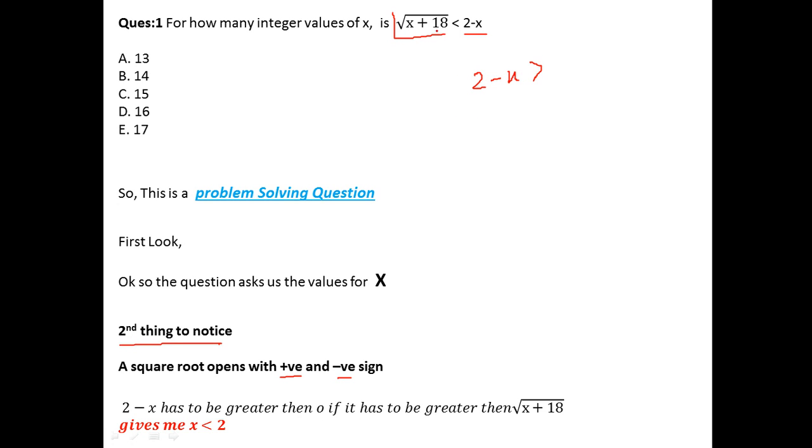Because root x plus 18 will also take a value that is positive, except in one case when x will be equal to minus 18, right? And 2 minus x or 2 minus minus 18 is clearly greater than 0. So for every other case, 2 minus x has to be greater than 0. So this will give me that x is less than 2. This is the second thing to notice.